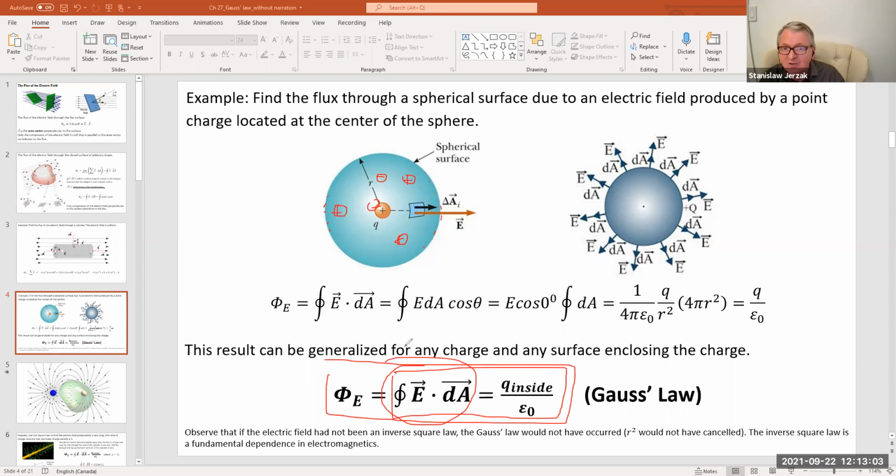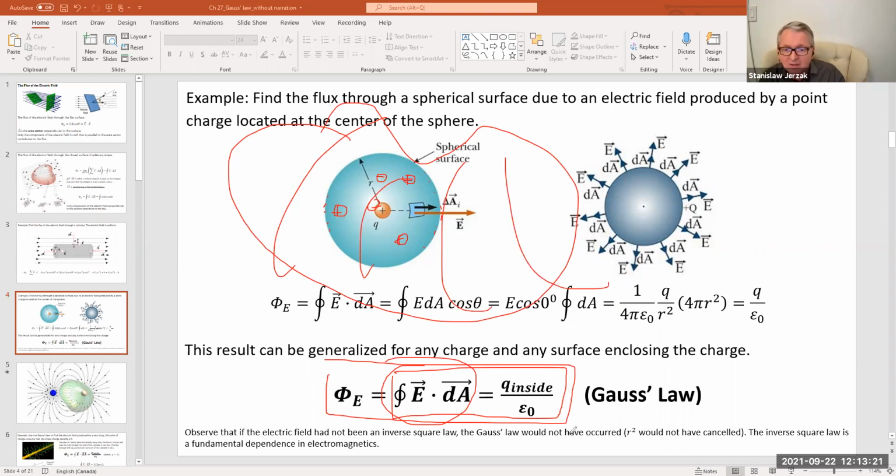In addition, I can tell you even more, that Gauss law is even more general. If I would not have that surface to be spherical, but let's say I replace that spherical surface by any type of surface, no matter how complicated in shape, the Gauss law tells you that the total flux through that surface, no matter how complicated is that surface, remember that surface must be a closed surface, is always equal to the net charge inside of that surface.